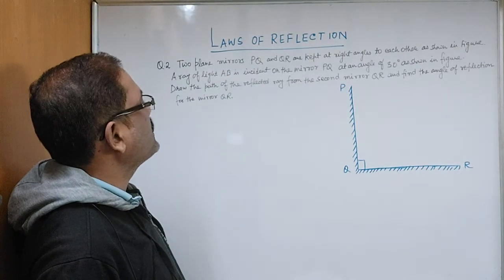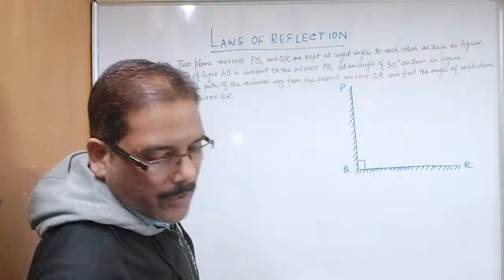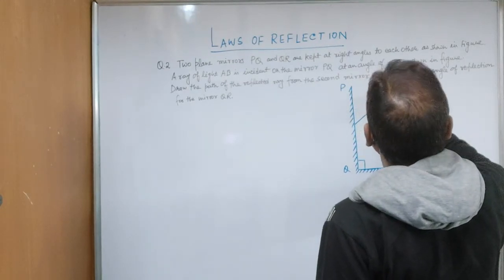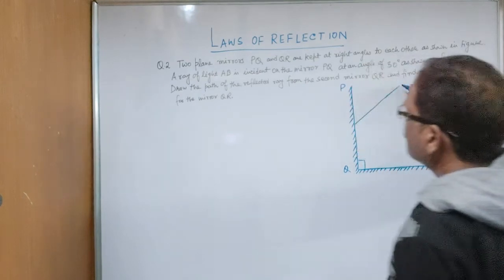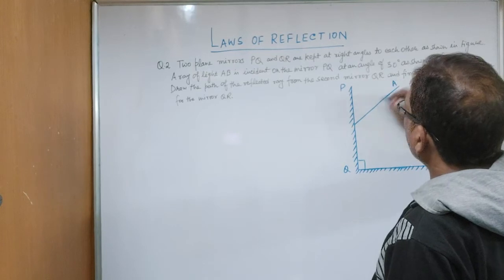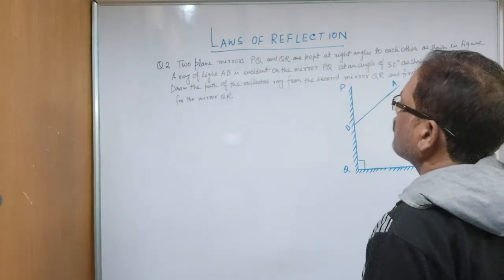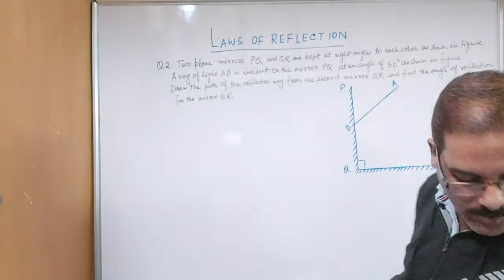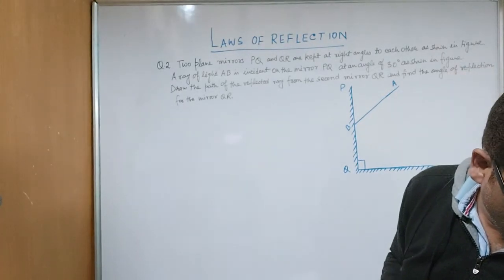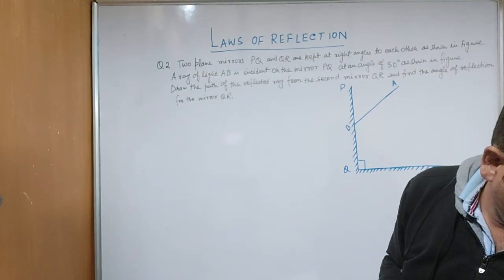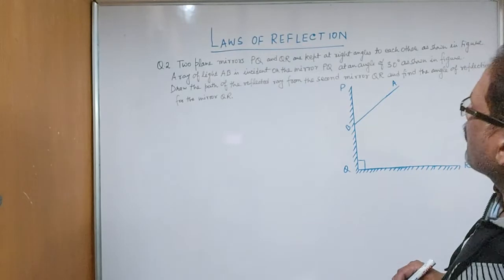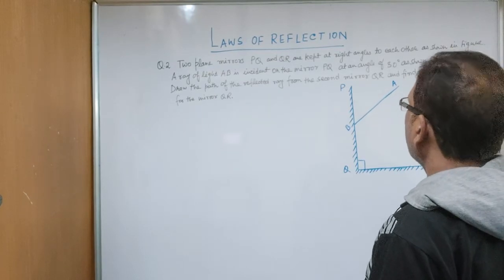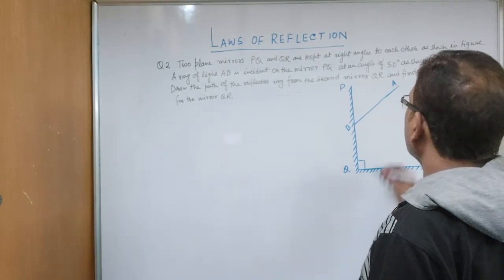A ray of light AB is incident on the mirror PQ at an angle of 30 degree as shown in figure.